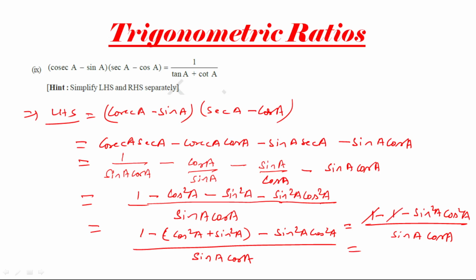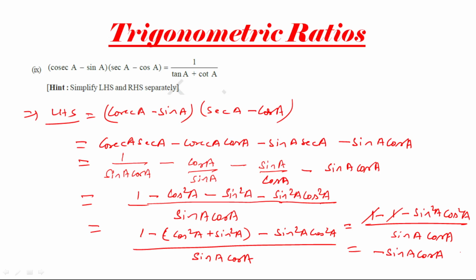Similarly, sin A will cancel one sin A in the numerator, cos A will cancel one cos A. So we will get sin A cos A. Right? Yes. So this we got from LHS.